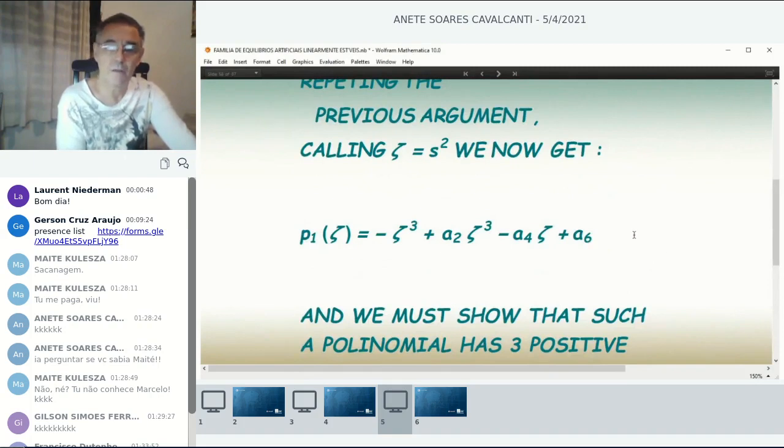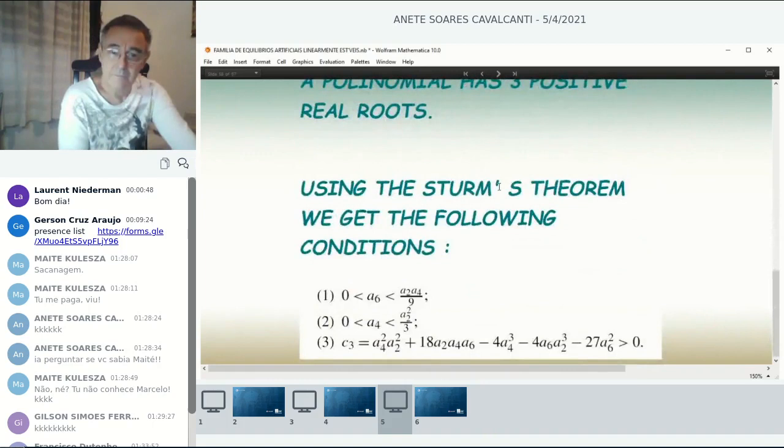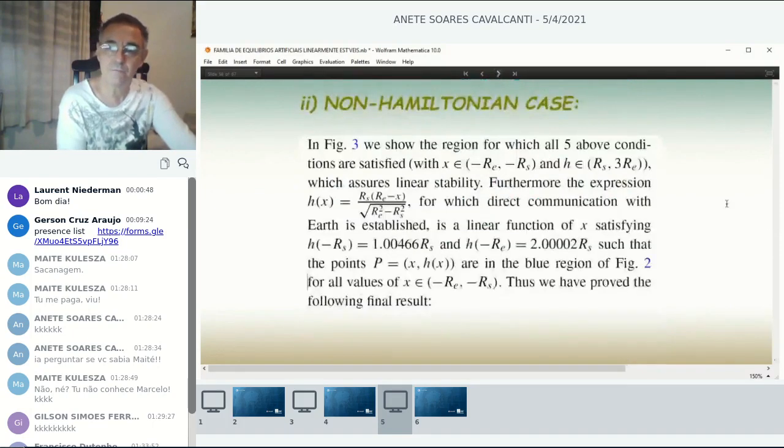Because the polynomial P2 is always null, any value of S or zeta is a solution of polynomial P2. So we have no need to demand that A6 is equal to 0. So when we use the Sturm theorem, we get these conditions, and A6 is correct. For a minute, I thought it was wrong, but it's correct because of this argument I just said. And we plot this region.